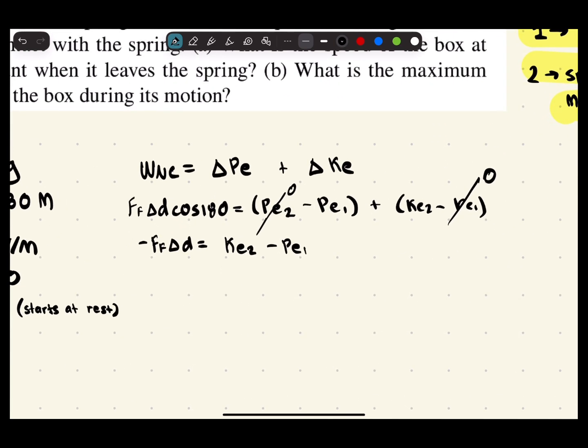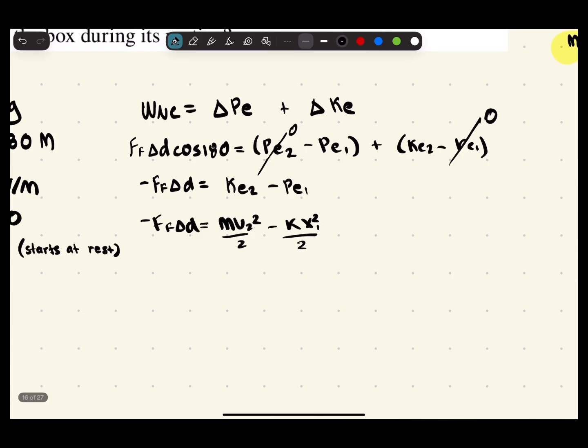Now we need to write in our equations for spring energy and kinetic energy. That's going to be m v2 squared over 2 minus k x squared over 2. Now friction is equal to mu k, in this case kinetic friction, the coefficient of kinetic friction, times Fn.